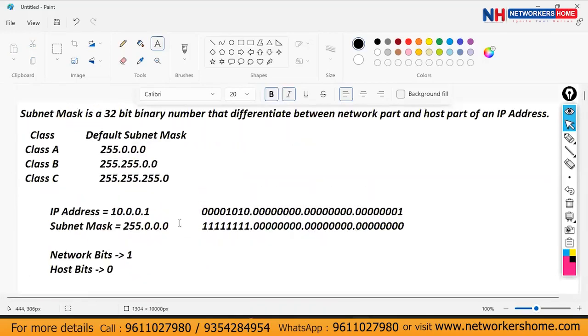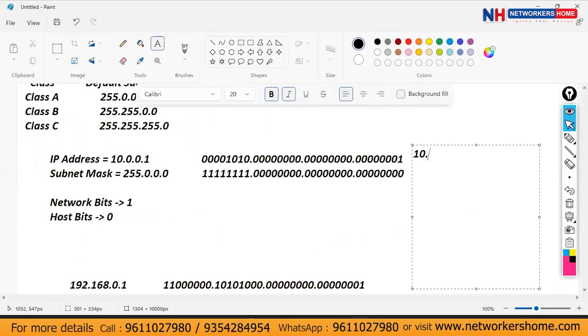In case of class A, we have taken this address. Looking at this address, we came to know that the first octet is the network and the remaining 3 octets are the host. So I have to keep this constant, and the remaining will change from minimum to maximum. The first address will have the host part minimum. The second address is 10.0.0.1.